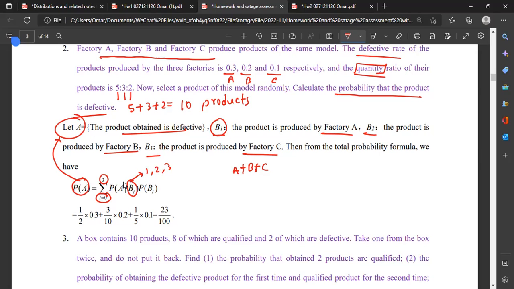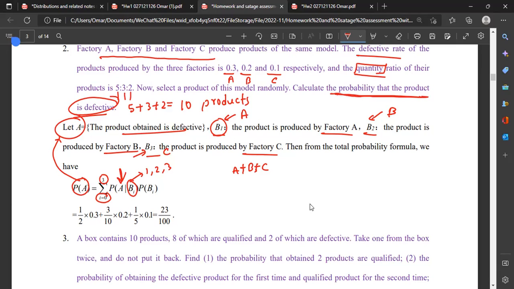And if you look here, A is the product defective. So in the question it is said to calculate the probability that the product is defective. That means we are interested in A, but we also have to add some condition, like we have to take the product from either B1 company, or B2 company, or B3 company, right? So B1 means A company, B2 means B company, and B3 means C company.